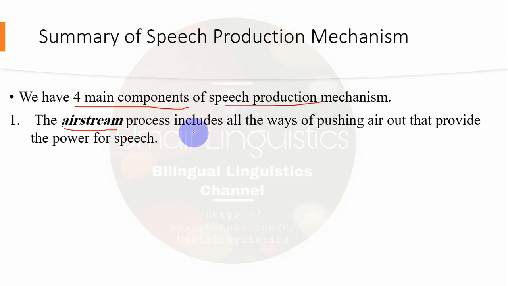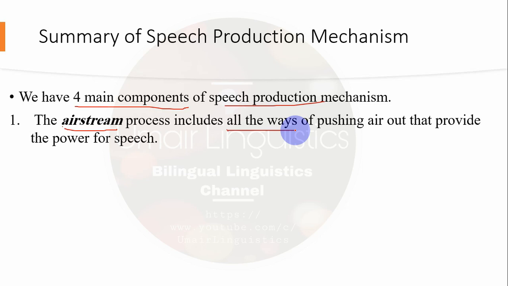So all the ways, what is meant by all the ways? As I was discussing, how different sounds are produced, the way the air is coming out of the mouth decides what sound we are producing. So when we say k, on the other hand we say t, sometimes we say s. Air is coming in every sound, but why is every sound different?